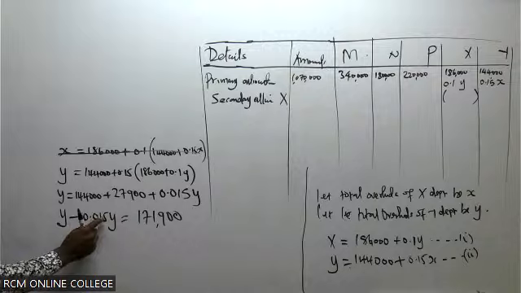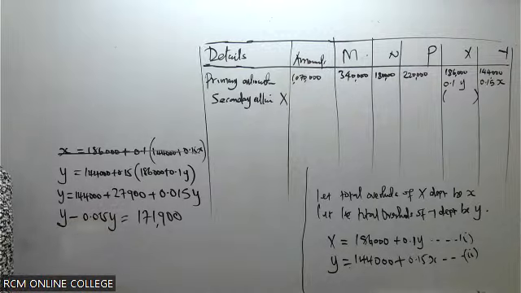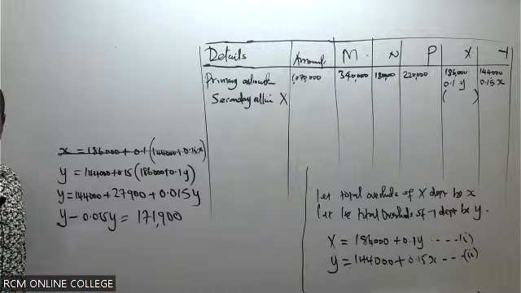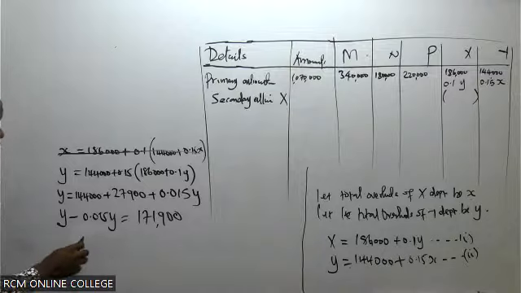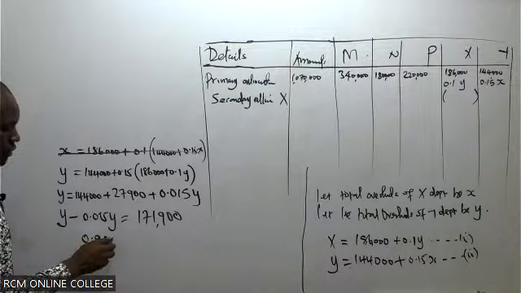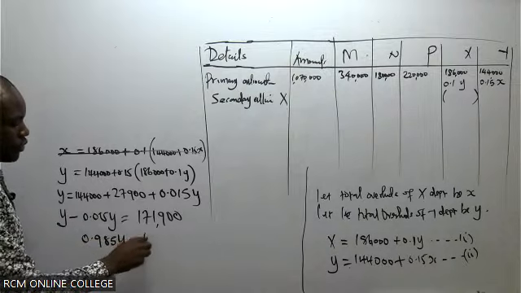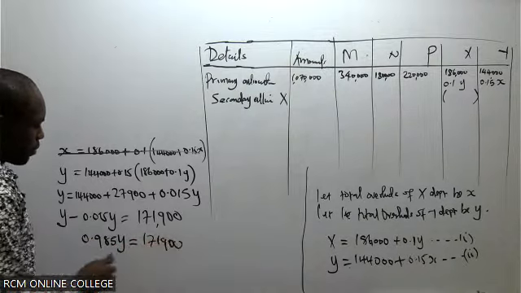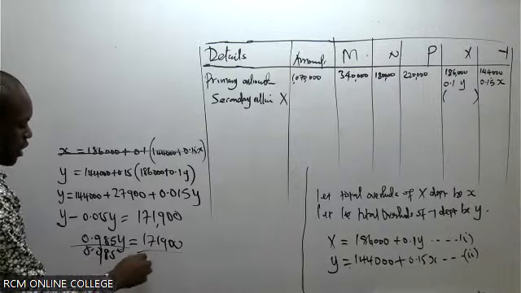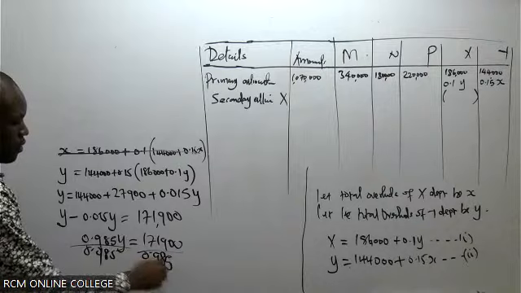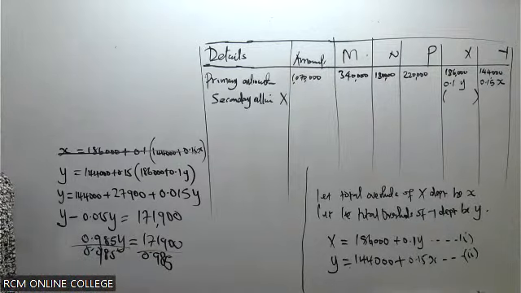Y minus 0.015Y is the same as 0.985Y, equal to 171,900. Go ahead and give us the value of Y.